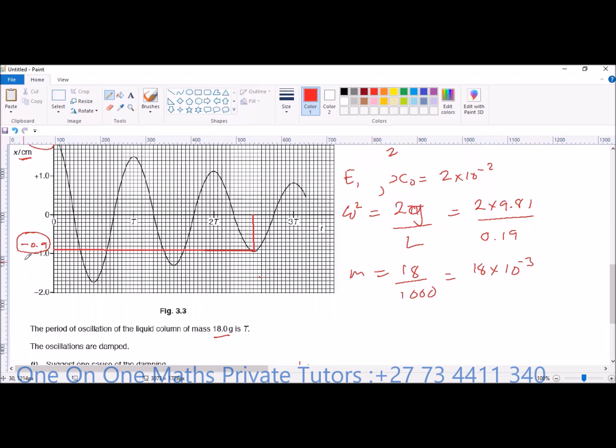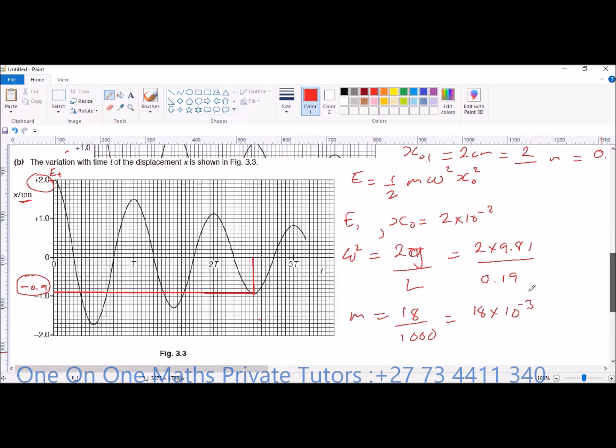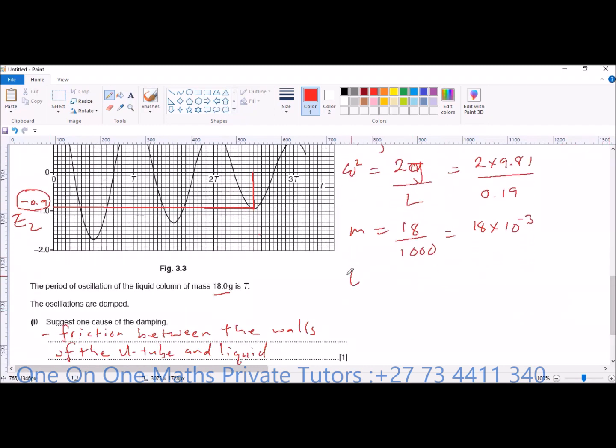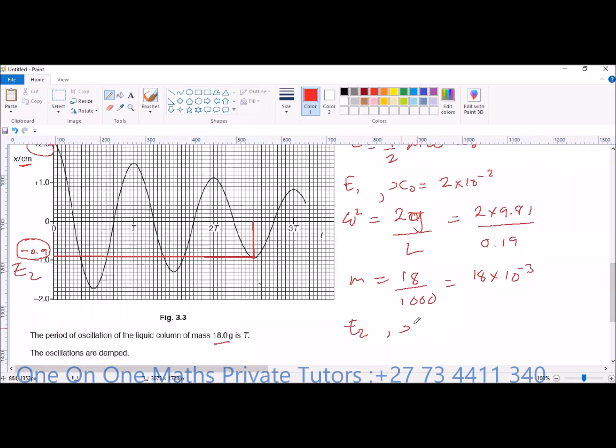This is E1. Now for E2, x naught is equal to 0.9 times 10 to the power minus 2, because this is centimeters, we have to convert it to meters.